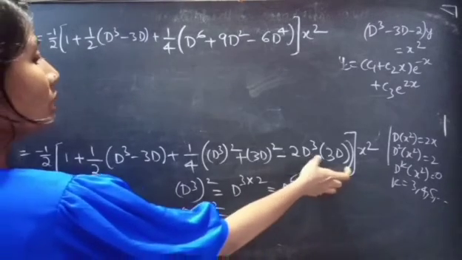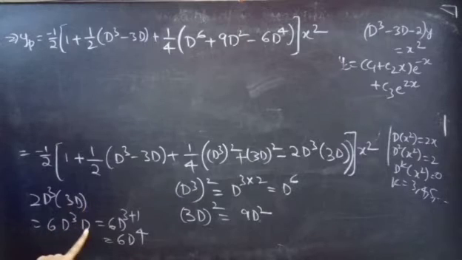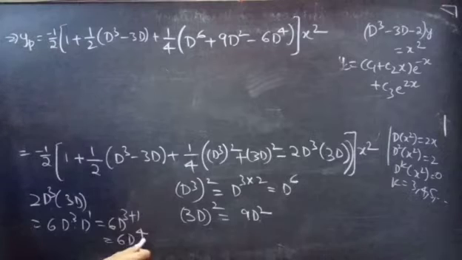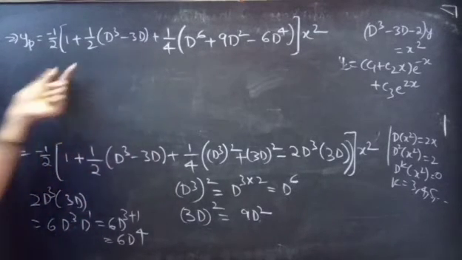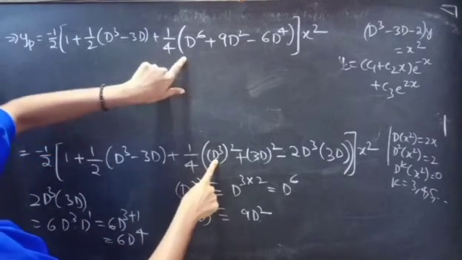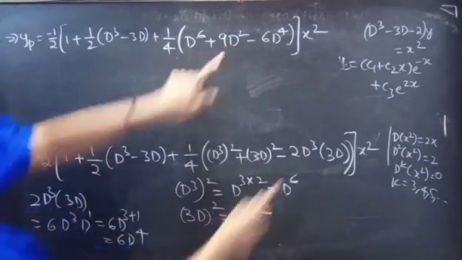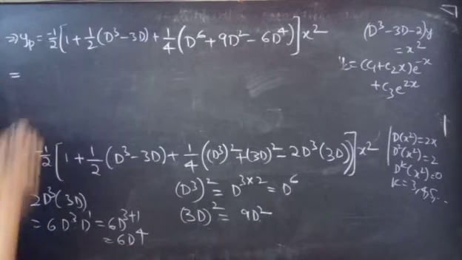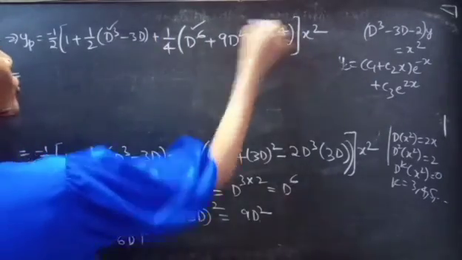The third term, 2 into d cube into 3d, is 6 into d cube into d, which is d power 3 plus 1, so you get 6d power 4, right? Now this becomes 1 plus 1 by 2 into d cube minus 3d plus 1 by 4 into d power 6 plus 9d square minus 6d power 4, and here we can neglect higher derivatives d cube, d power 4 and d power 6.